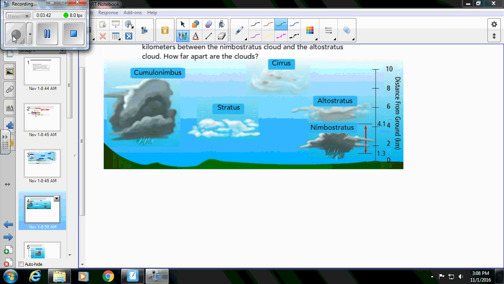Okay, if we look at this, the altostratus cloud starts, the bottom of the cloud is at 4.1. The bottom of the nimbostratus is 1.3. So I need to subtract those. I get 4.1 minus 1.3. Because I'm doing a distance, I take the absolute value of it.